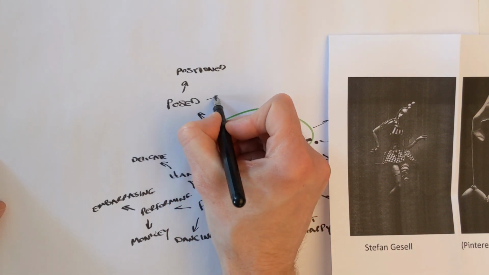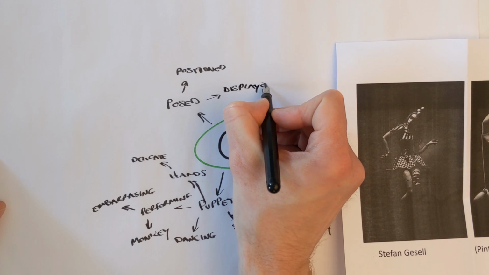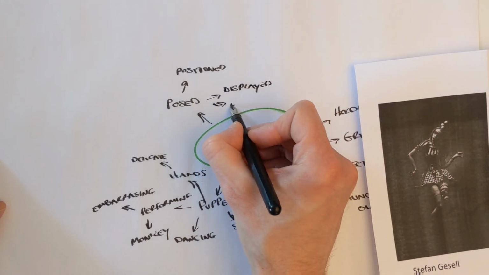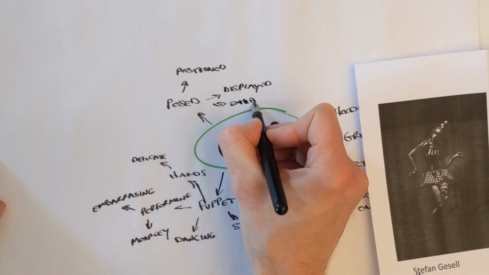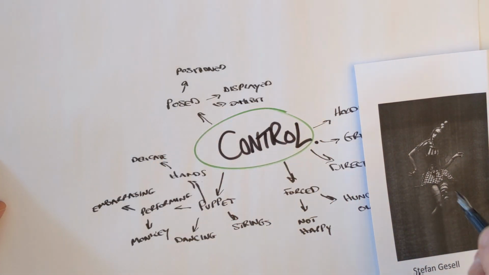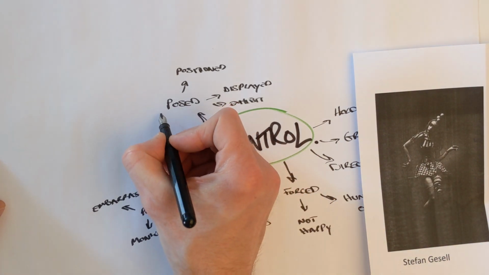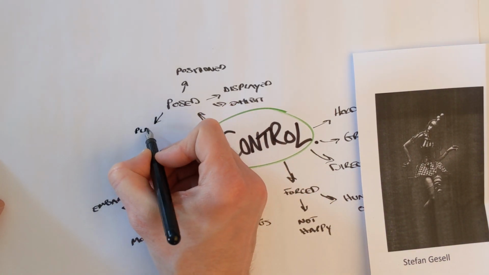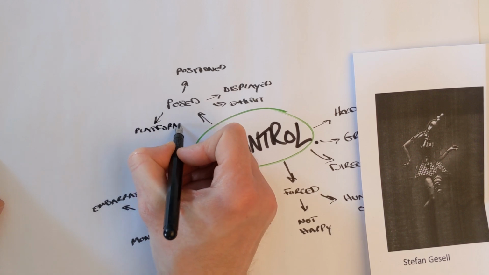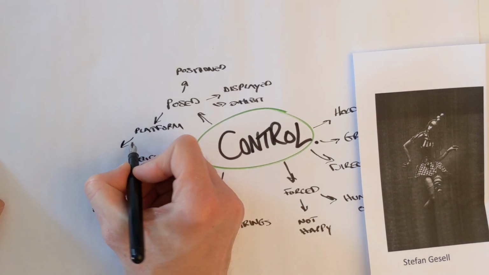They're being shown, so they're being displayed, like an exhibit. And it is a very embarrassing thing to be put up on a platform like that. So yeah, this one on a platform, spotlight.